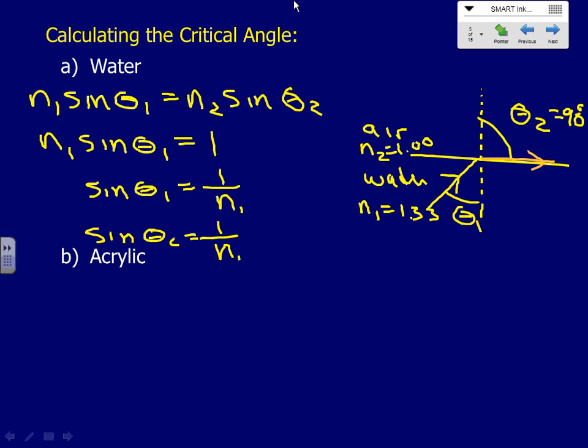Because you can start with N1 sine theta 1 equals N2 sine theta 2. Sorry, say that again. No. These are just two variables that are multiplied together, but they're not stuck together.